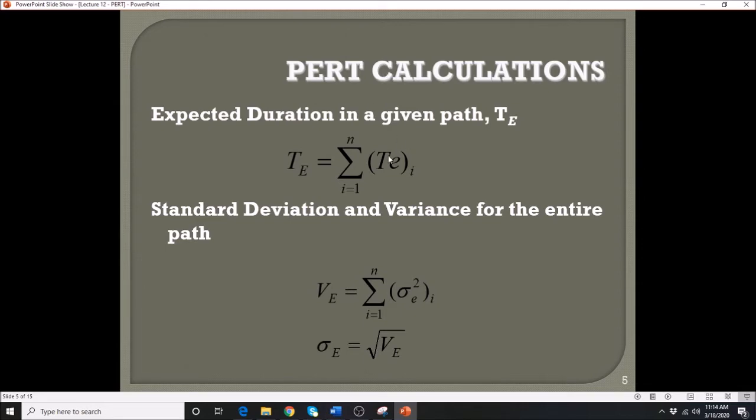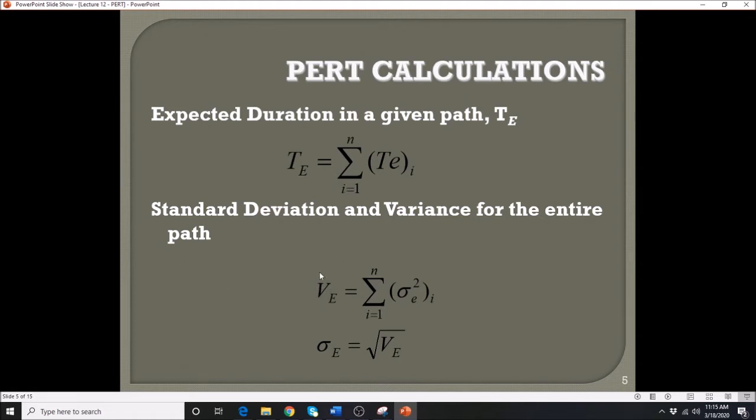So those are the T with a subscript of E. The same thing also applies to the standard deviation of the whole project and the variance.